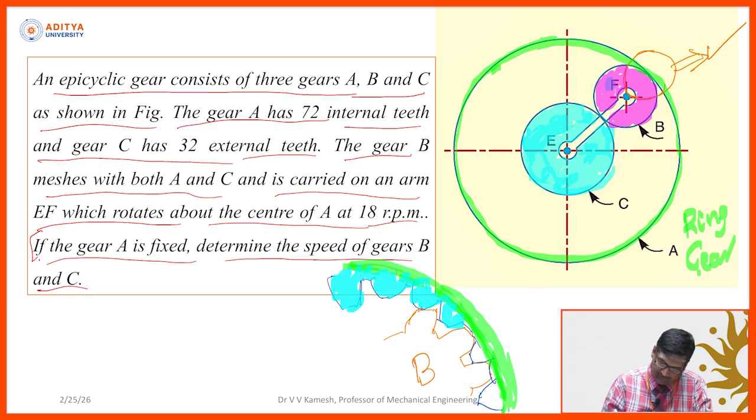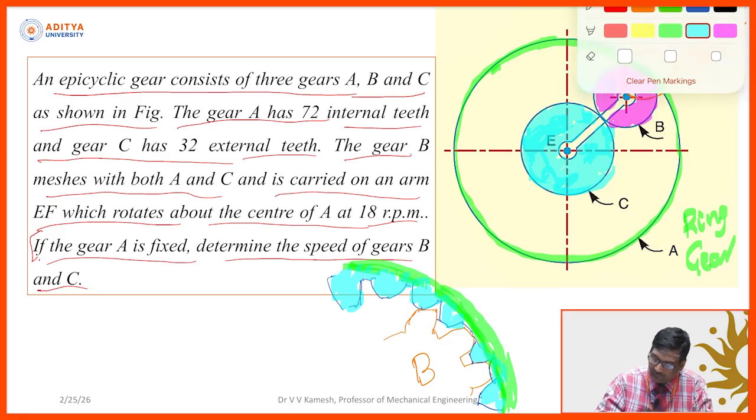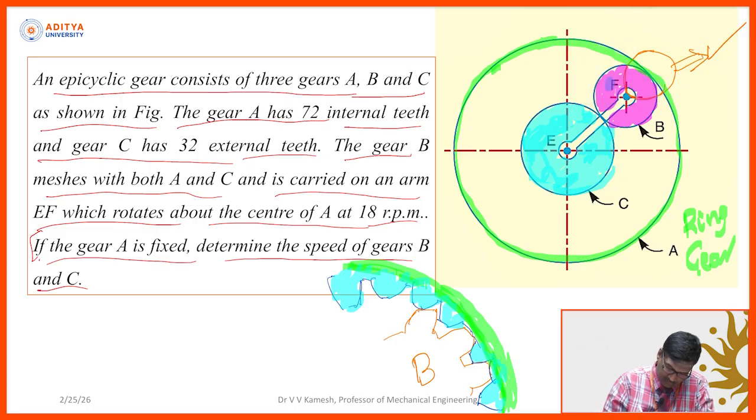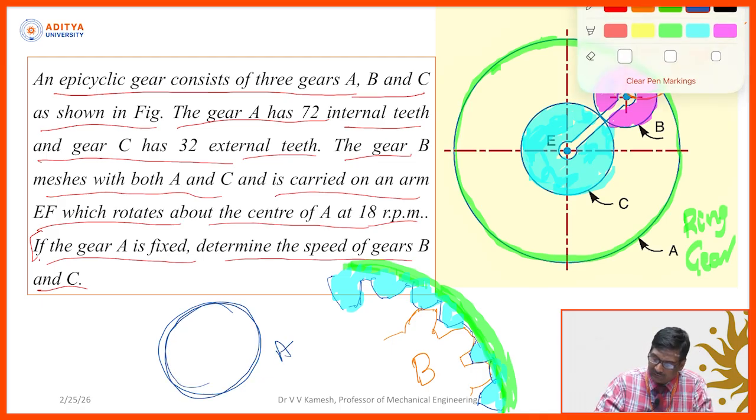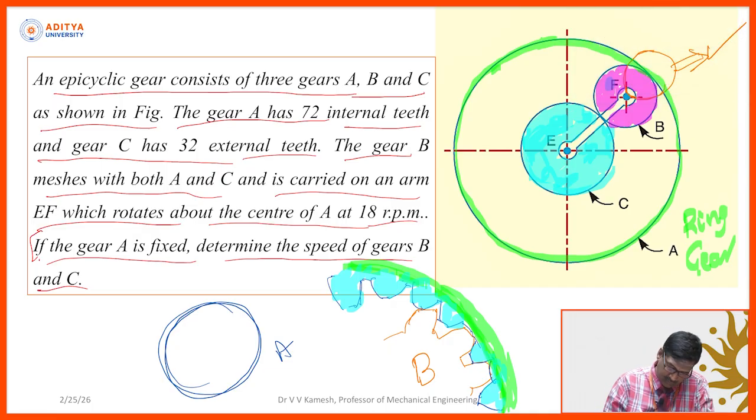These are all internal teeth, not exactly to the same specifications, so I have drawn it for your understanding. If you draw a circle, if this is gear A, the teeth will be like this.